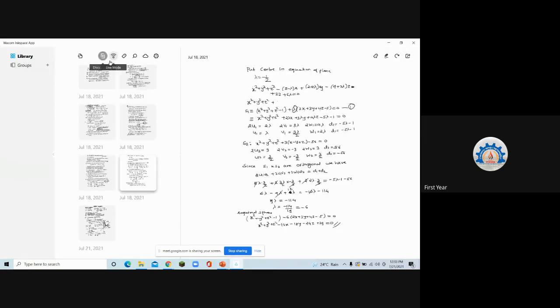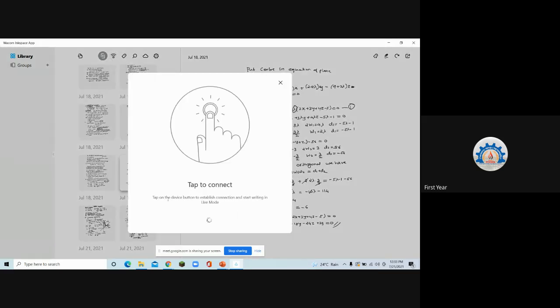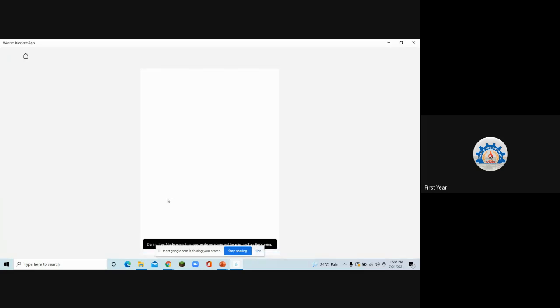Let me conclude and tell you what exactly is happening here. When I'm transforming, x should be replaced by r cos theta, y should be replaced by r sin theta, and dx dy should be replaced by r dr d theta.